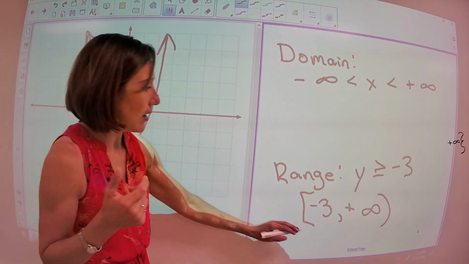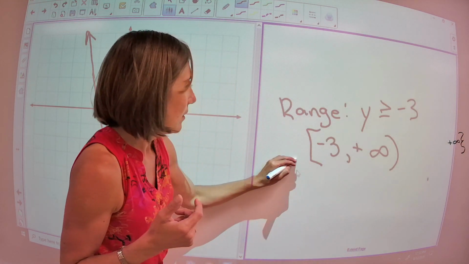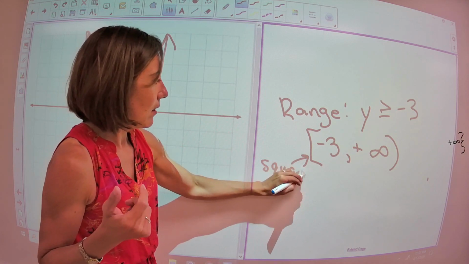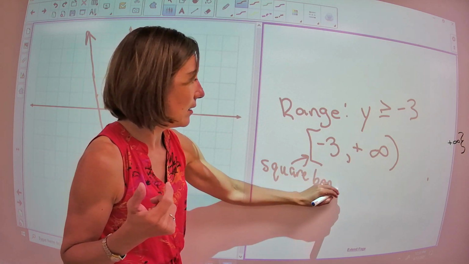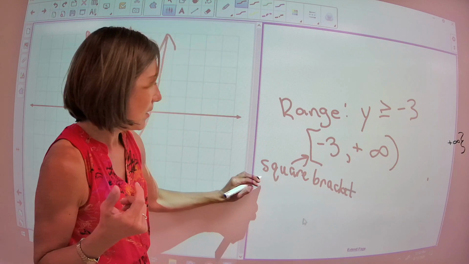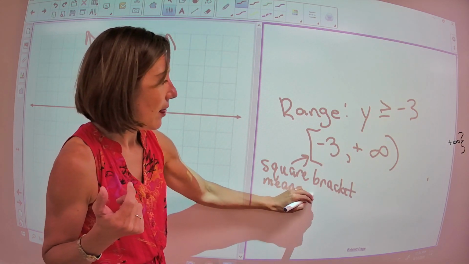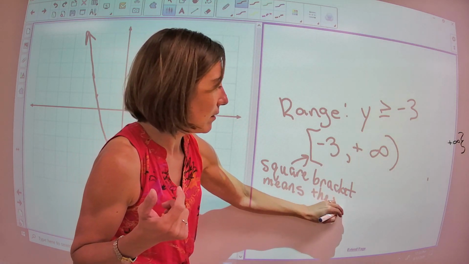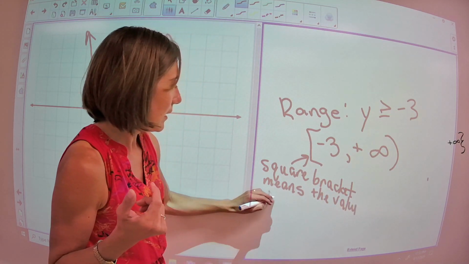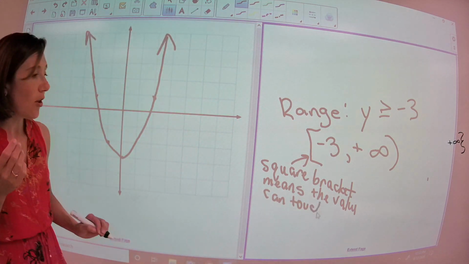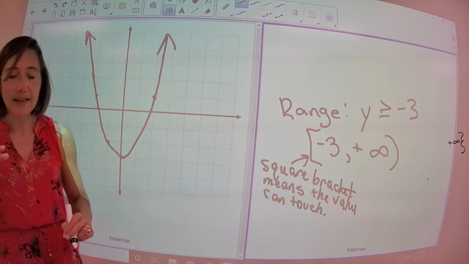Okay, so I'm going to make a note here. The square bracket means the value can touch. So like our graph is actually going to get to -3.